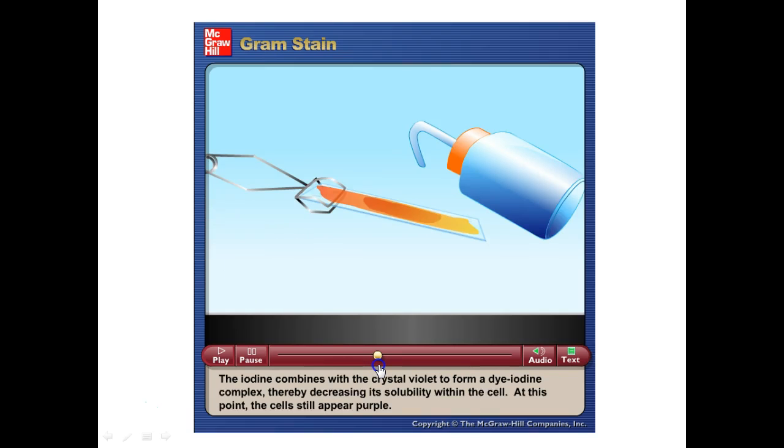Then you're going to add the iodine. In your lab manual, unfortunately, it says gram's reagent or something like that. It's iodine. So make sure that you fix your procedure if you wrote it from your book. That gram's whatever they say is actually iodine.